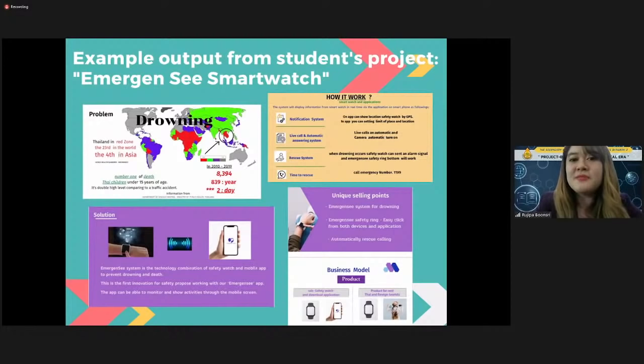They started off by defining the current situation where the death of children partially comes from drowning. So to help parents monitor this incident, this smartwatch innovation served as a safety tool that would notify them in advance. This clearly demonstrates that students could actually adapt their learning from projects to apply in real-life situations.